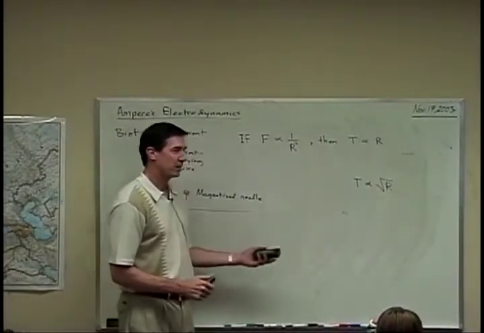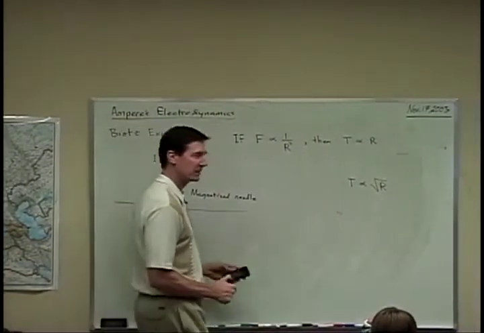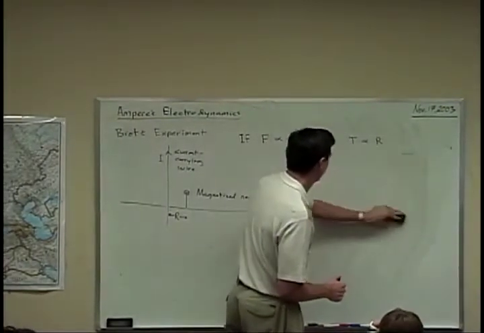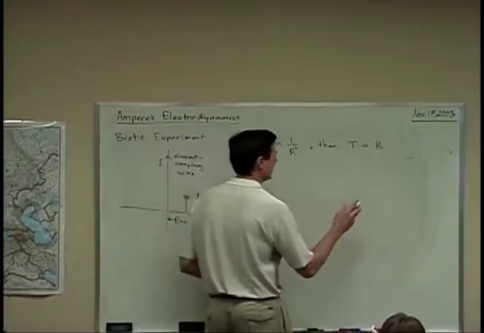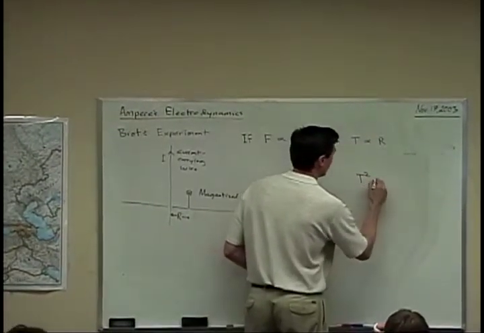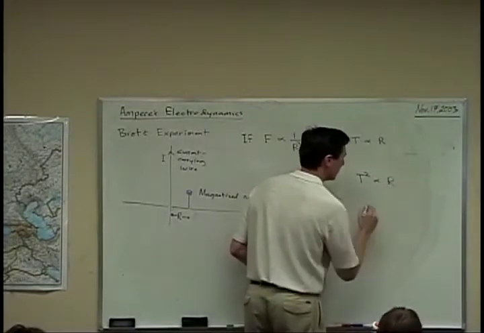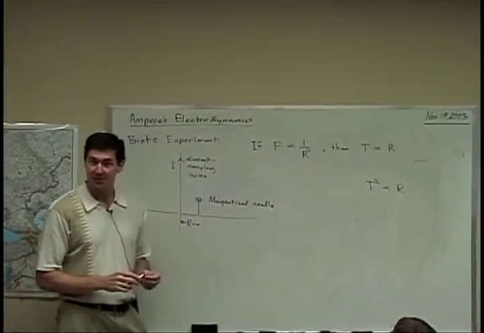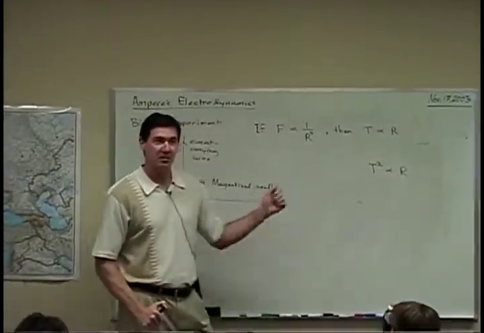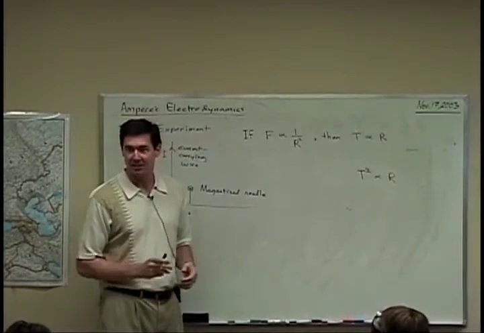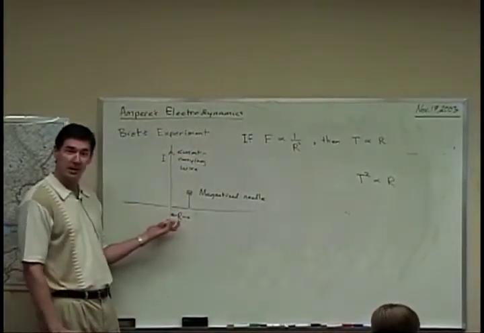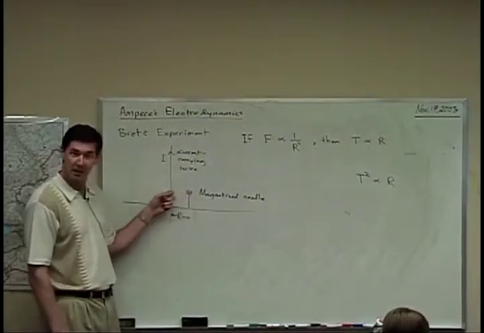Or, another way to put that, if you don't like to think in terms of square roots, is that the period squared is proportional to r, rather than the period being proportional to r. Yes? What's r? Oh, r is the distance between the needle and the current carrying wire.